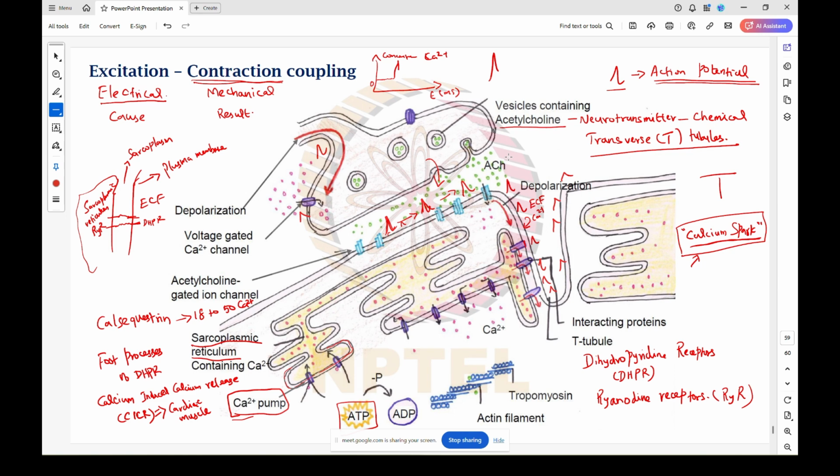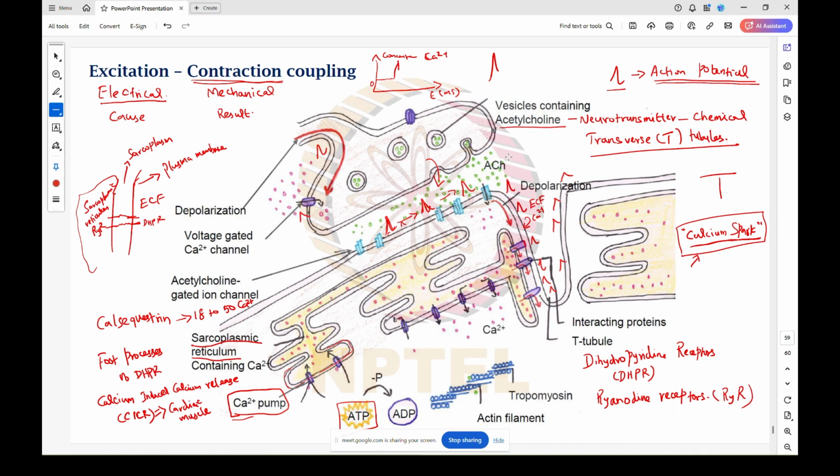First there is more influx of calcium from the extracellular fluid, and then there is outflux of calcium from the sarcoplasmic reticulum into the sarcoplasm, resulting in a higher magnitude of calcium spark.